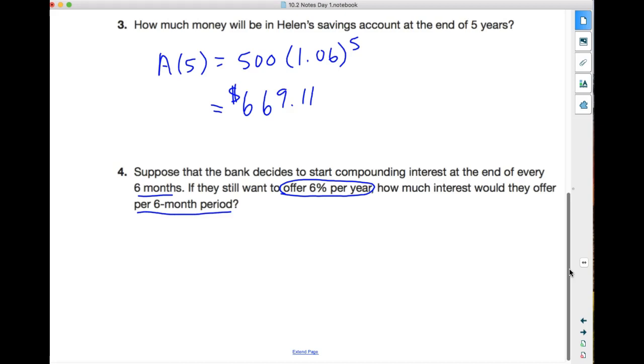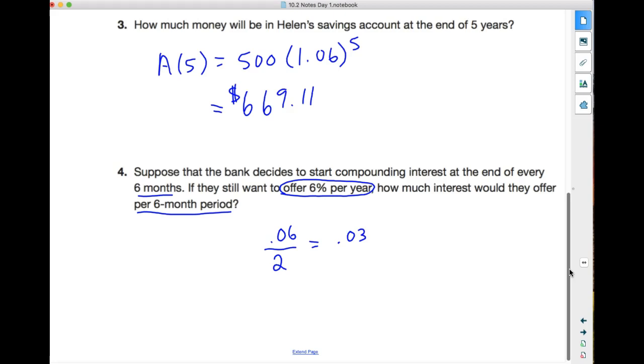Okay. Well, they're going to take your 0.06, and if they pay you interest every 6 months, how many times per year would they be paying you interest? That would be twice, right? So we're going to divide our 0.06 by 2. They're going to pay you 3% interest on the first 6 months and roll that interest into your account.